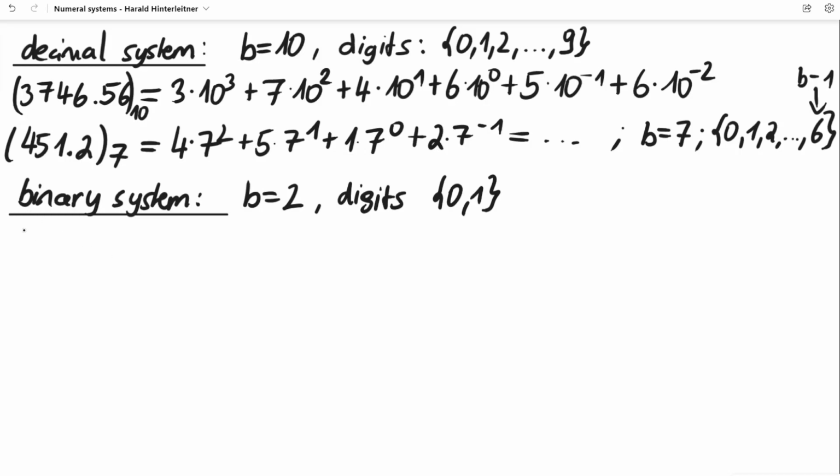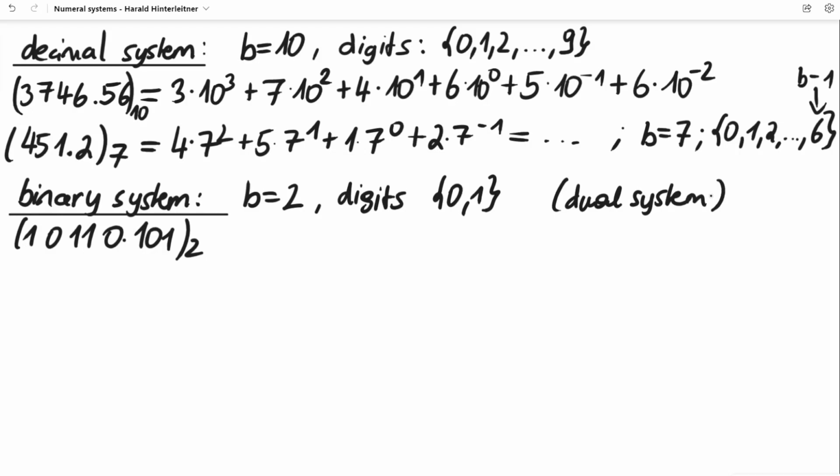So let us try an example. So this is a binary number, sometimes also called a dual system. And we want to convert it into the decimal system.